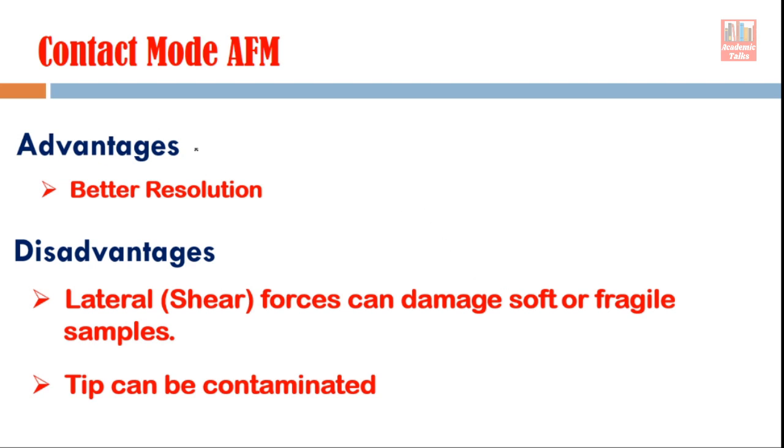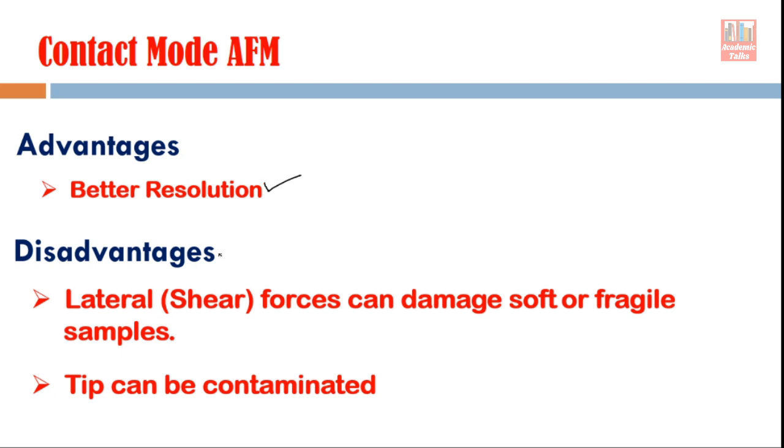The advantage of the contact mode is that we get very high resolution, right? Because the tip is very close to the sample surface, a small change in the separation or any small feature present on the sample surface will have a significant change in the strength of van der Waals forces, and there will be large fluctuations or bending in the cantilever. So that's why better resolution is possible in the contact mode system.